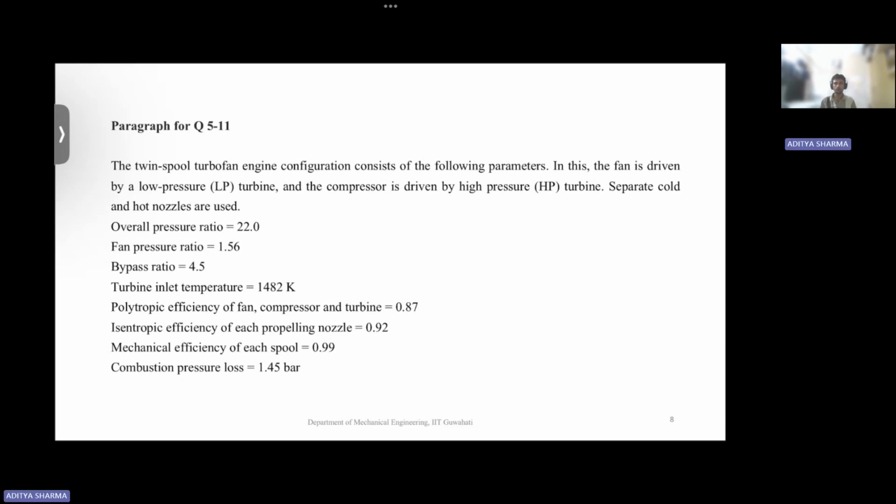So the twin spool turbofan engine has been given. Overall pressure ratio has been given as 22.0, which is for your fan and compressor combined.